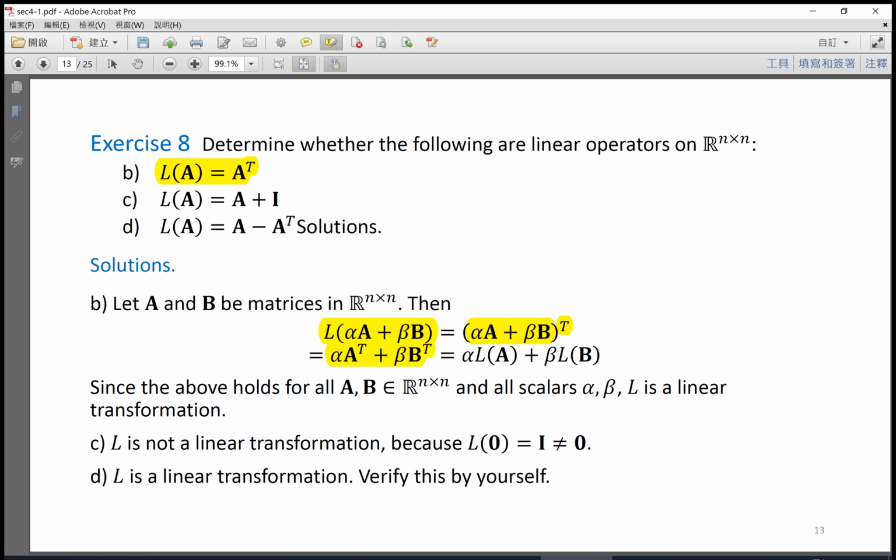Since A transpose is L of A and B transpose is L of B, we have proved the equality L of alpha A plus beta B equals alpha L A plus beta L B holds for all scalars alpha, beta and all matrices A, B in R n times n. Therefore, L satisfies both the homogeneity and the additivity properties, and thus L is a linear transformation.